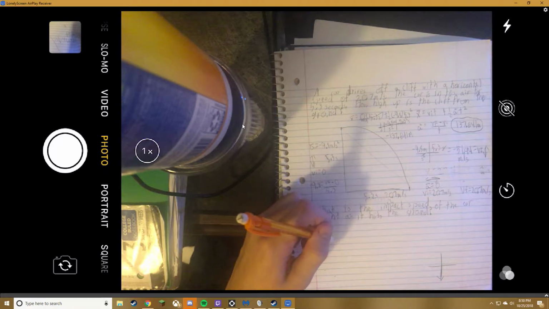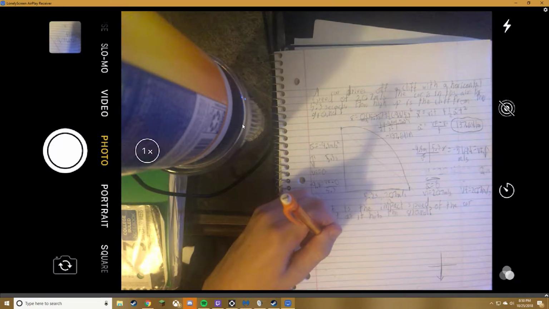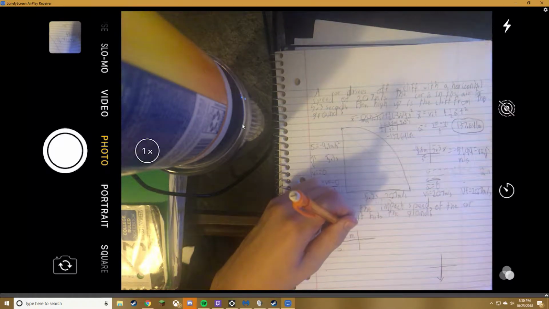Since this does form a right triangle in a sense, we can use the Pythagorean theorem to calculate the total final velocity. So we plug in negative 51.94 meters per second, square that, and actually, you don't even have to do dimensional analysis since we're just adding really.